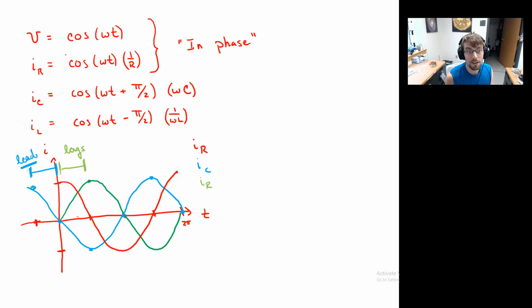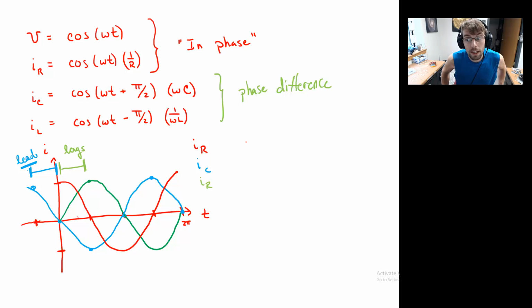That's an interesting relationship: by our choice of the inductor, we can start dictating when the inductor current peaks as opposed to the applied potential. You can start introducing a phase difference. We call it a phase difference.